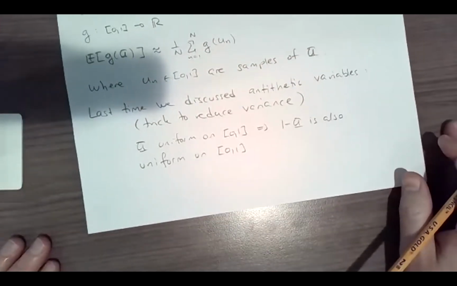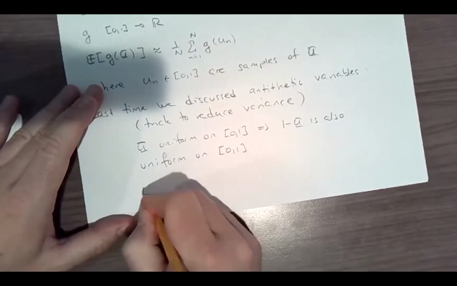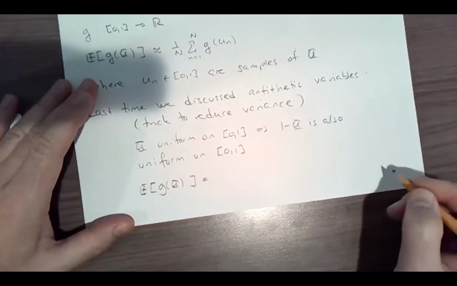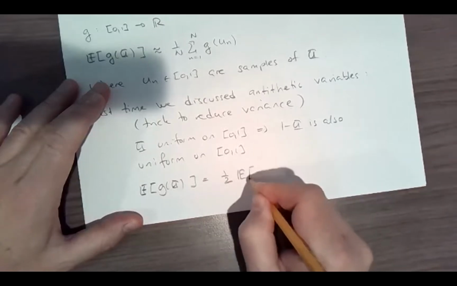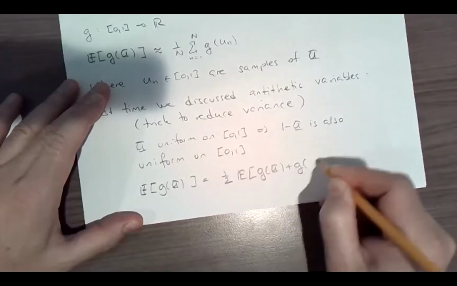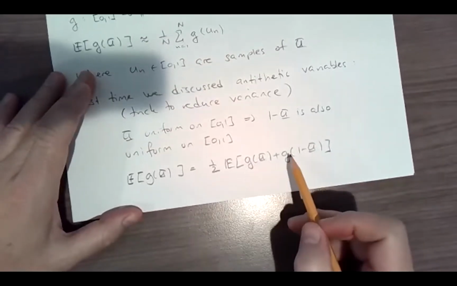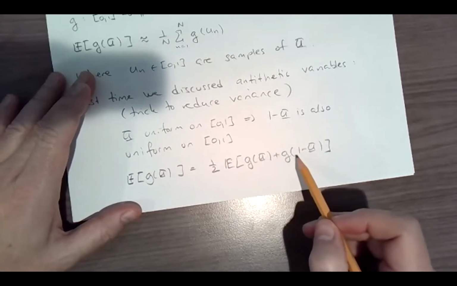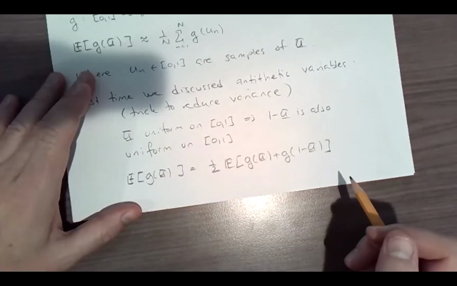So what we could do is note that the expectation of g of U is obviously going to be the same as 1/2 times the expectation of g of U plus g of 1 minus U, because you have the same distribution. Both these expectations, the expectation of g of U and the expectation of g of 1 minus U, will be the same. So we add them up and take the average.